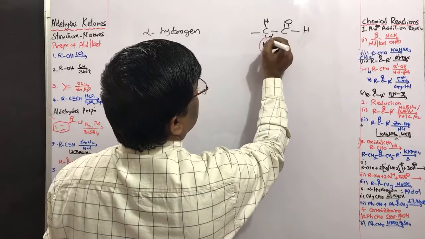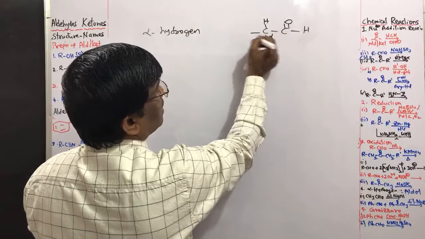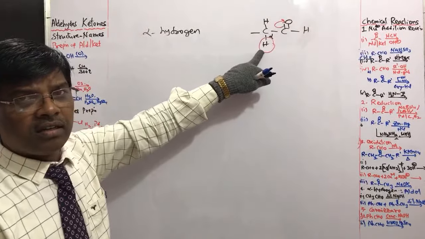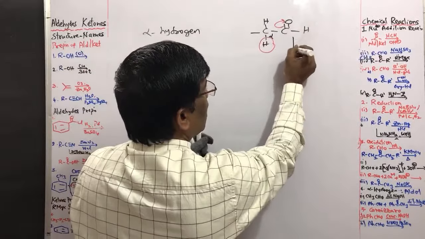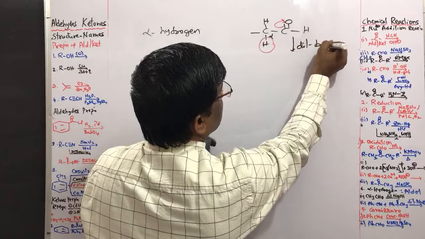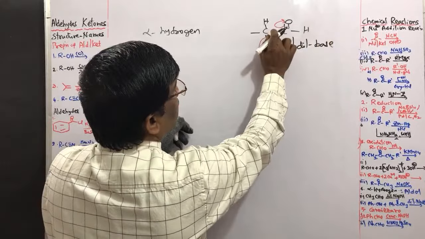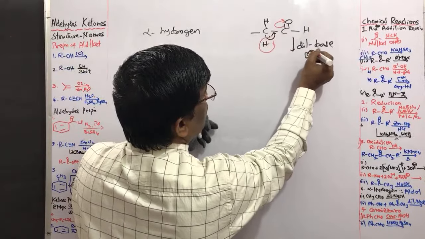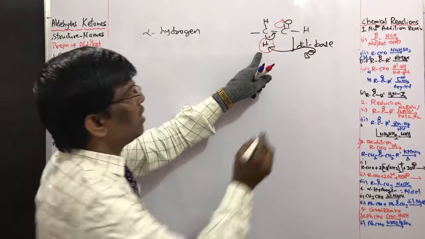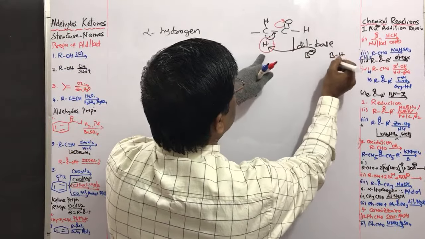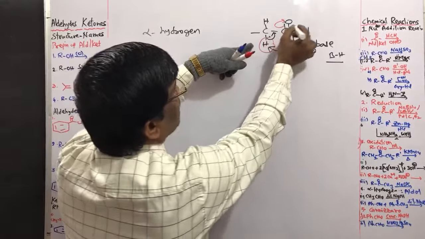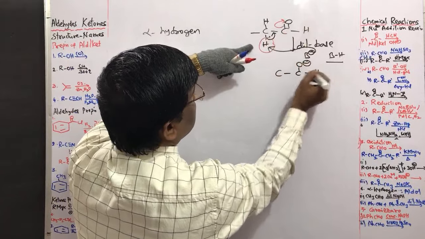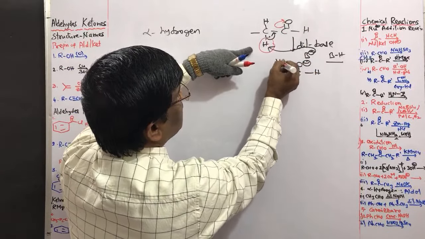The hydrogen attached alpha to this is labile and is an acidic proton. In presence of a mild or dilute base, the alpha hydrogen is going to be lost. For example, when I add base, it takes a proton to form this conjugate base, forming C-O minus, and hydrogen is here, and this is a double bond, enolization takes place.